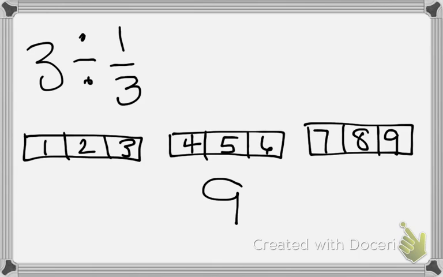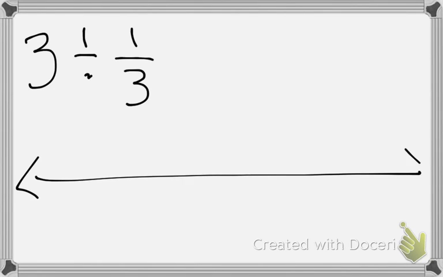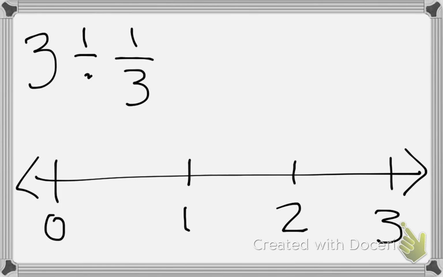Okay, next we're going to look at the number line. 3 divided by 1/3. So our number line is going to start with 0, and we're going to have our number line going from 1 to 3, because 3 is being divided into thirds. 0 to 1 is a whole, 1 to 2 is a whole, 2 to 3 is a whole.